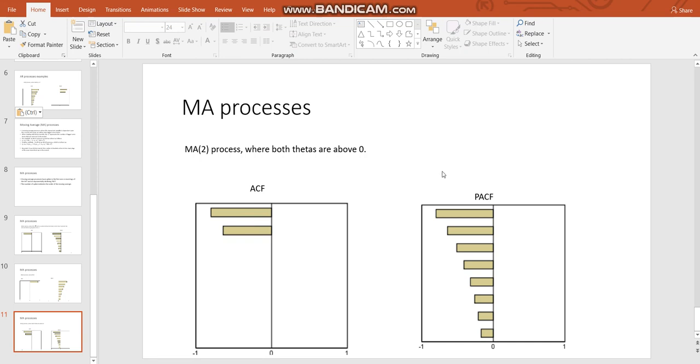So I think this is pretty much all you need to know at an introductory level to understand ACFs and PACFs. And I suppose as well I should just give a warning that this doesn't necessarily give you the best ARMA model when you're trying to fit your variable's data generation process to an ARMA model.